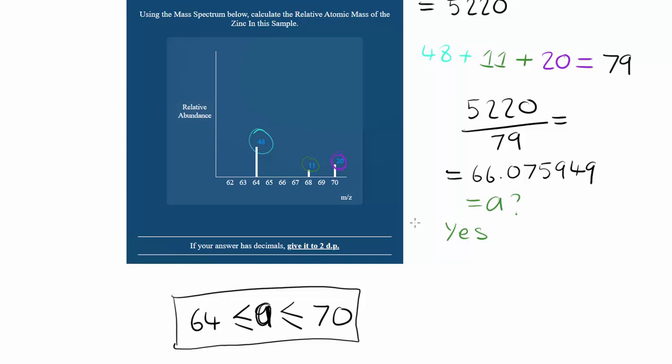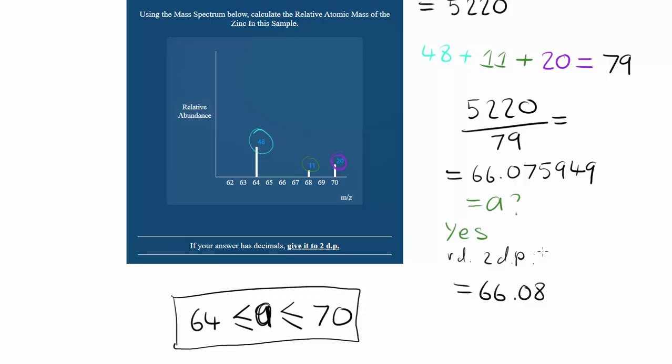If we round this, it's quite straightforward. Rounding to 2 decimal places, we're going to get 66.08. So far we've come up with a relative atomic mass of 66.08.